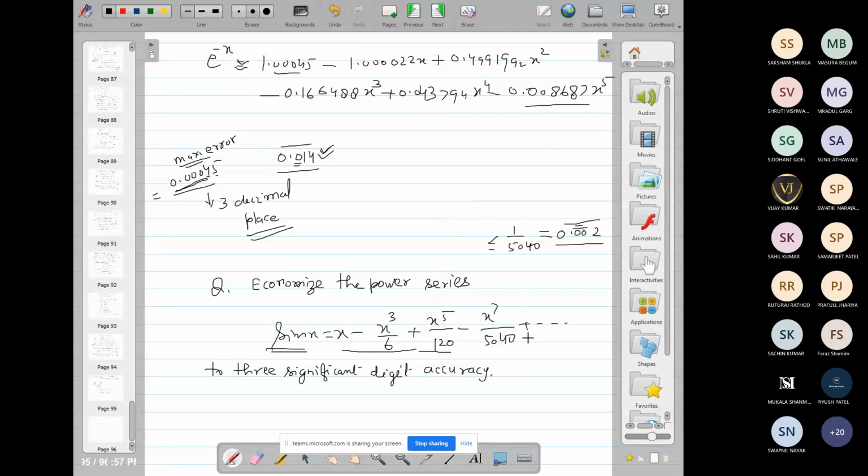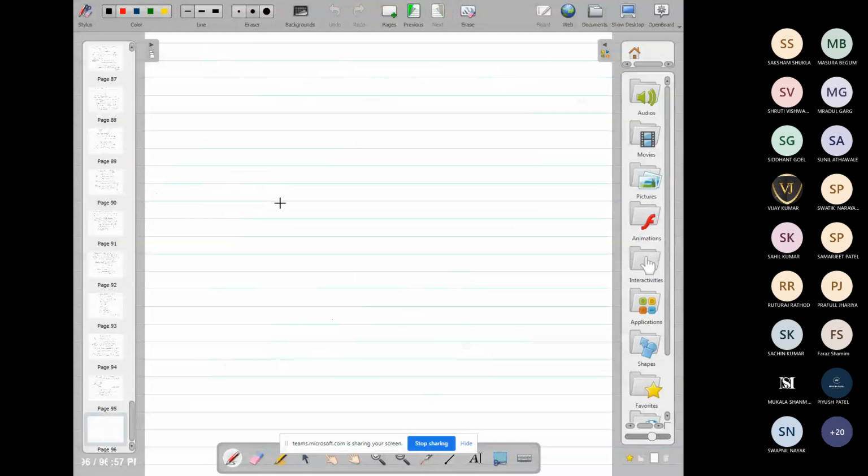But if we express this series in terms of Chebyshev polynomial, expressing this sin x in terms of Chebyshev polynomial, finally the formula comes: sin x is equal to 169/192 T1(x) minus 5/128 T3(x) plus 1/1920 T5(x).